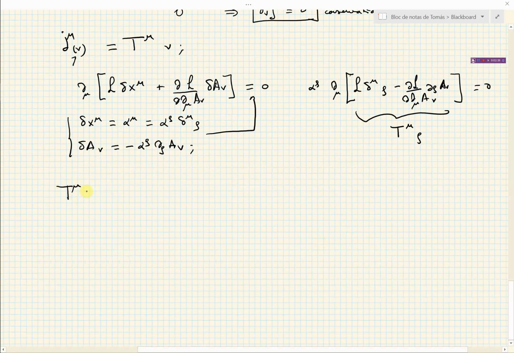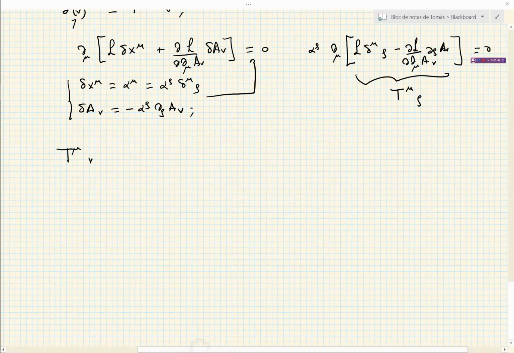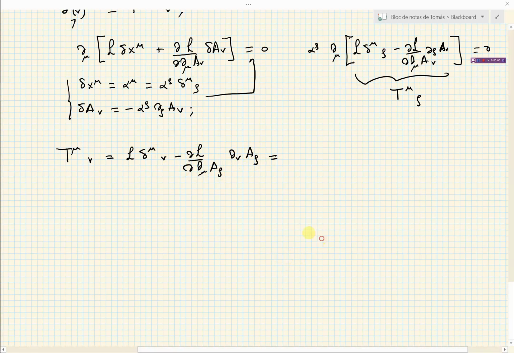So this T^mu_nu, now I use mu and nu indices, is given by L delta^mu_nu minus partial L with respect to partial_mu A_rho, and partial_nu A_rho. Let's do the calculation.